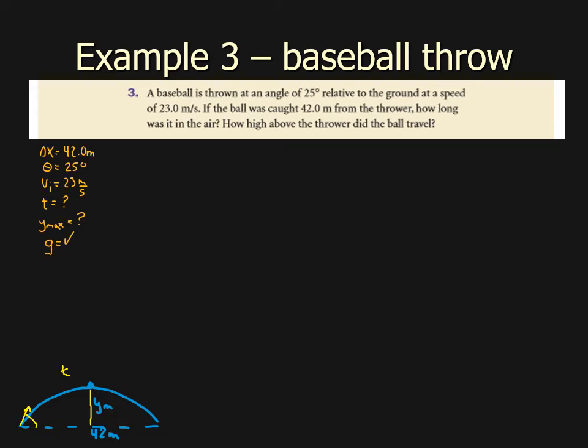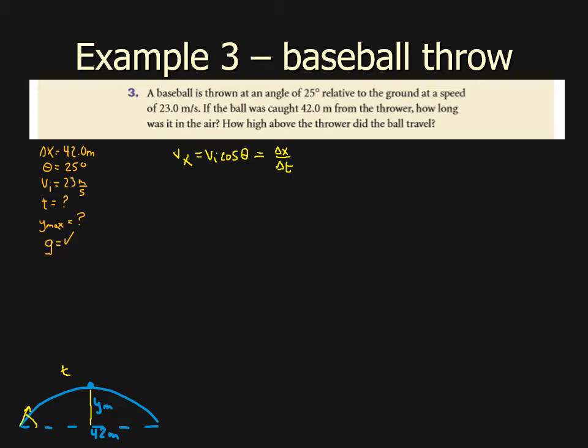Normally we start with some x material, so what do I know in the x? I know that the constant velocity in the x direction equals the initial velocity along the angle multiplied by the cosine of that angle, which equals delta x over delta t.